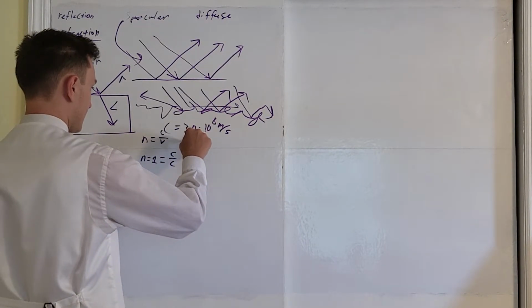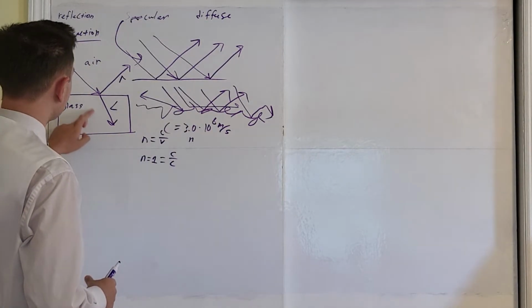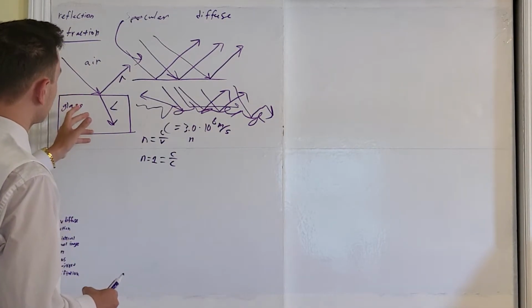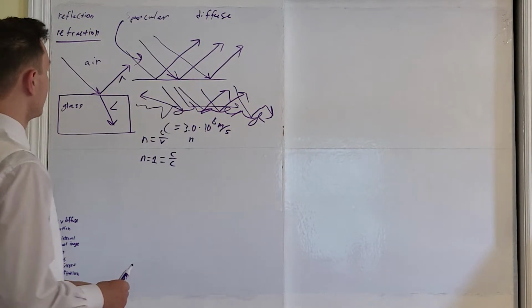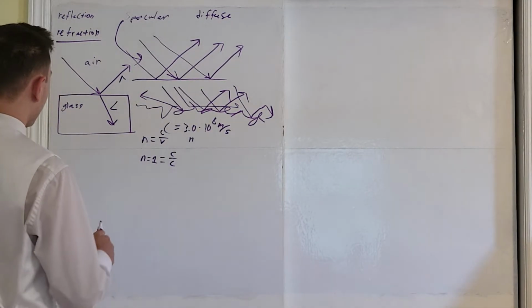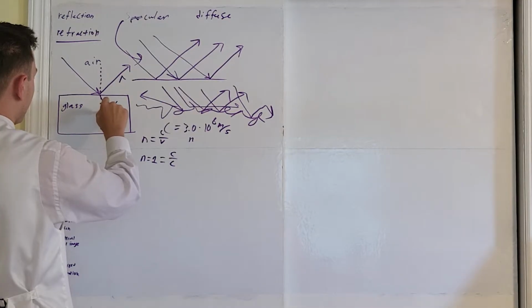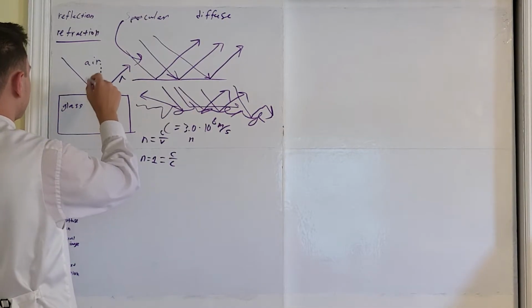Once you're given the index of refraction, we need to understand how the light curves when it is refracted. If you'll notice here, refraction makes some angle theta with the vertical.